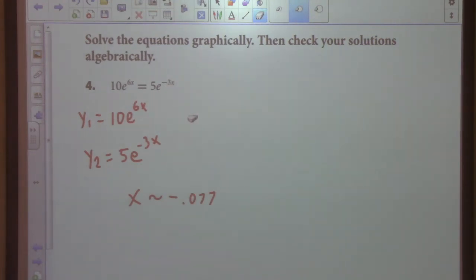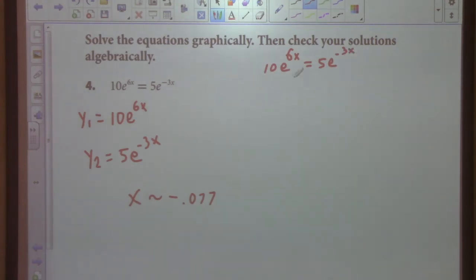And that's not my preferred way of doing it. My preferred way is to just solve algebraically and test by that. So I want to go through it because it reviews some of the properties of logarithms and so forth that it takes to do that. So I'm going to just write here 10e to the 6x power equals 5e to the negative 3x power.